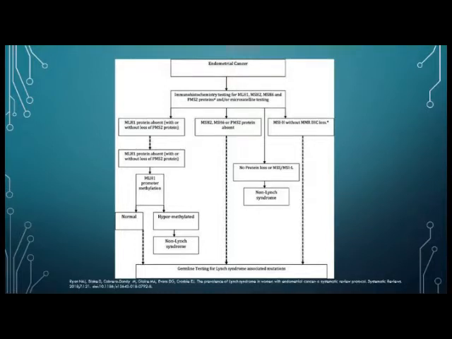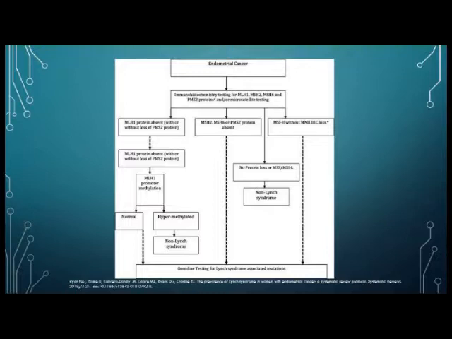So this is a graph showing how screening can work on the actual tumor. If we know someone has endometrial cancer and we do a surgery or a biopsy on them, you can either test that tumor for microsatellite instability, or you can test it for if these proteins appear to be acting normally.